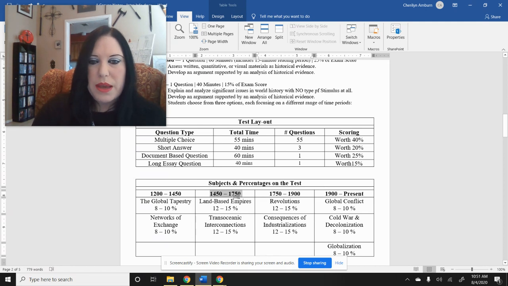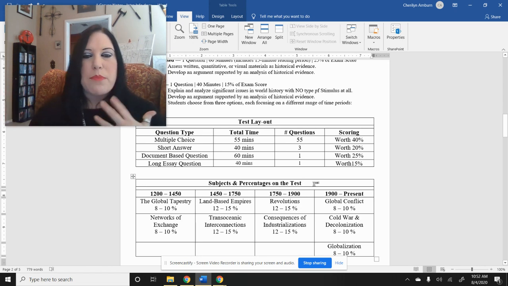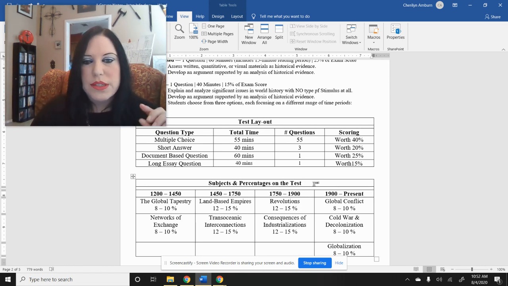Then the next big time period, and it is a biggie. There's a lot going on in this time period. The AP, College Board, divides it into 2 smaller units. I think that's huge, so I personally have divided it into smaller sections. We will deal with land-based empires whenever I deal with the Renaissance period.